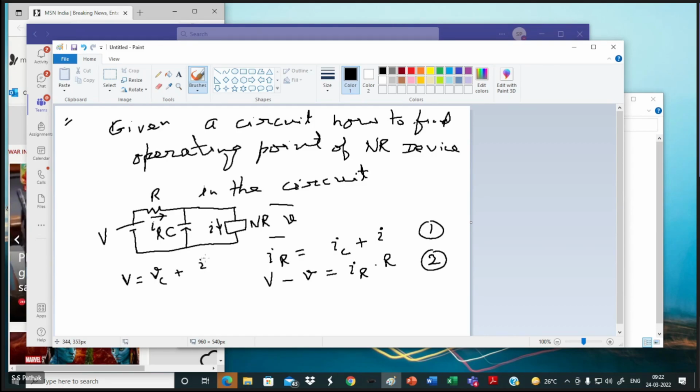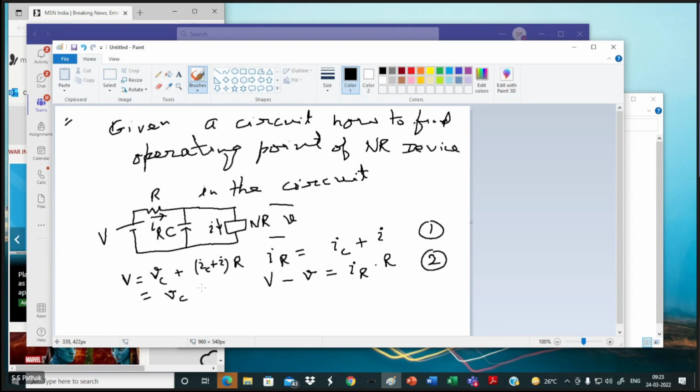IR is current across the capacitor plus this I. Okay? Fine now? Yes. Okay, fine. So here I can write here, this is my VC.